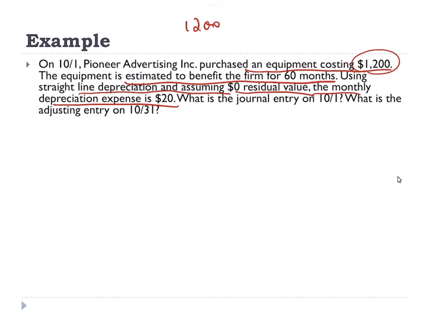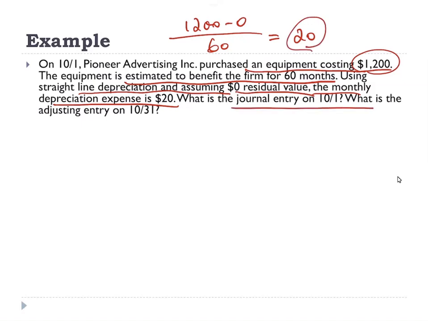So the initial cost is $1,200, and then there's no residual value. We allocate it over 60 months. So each month, the depreciation expense, the allocation, is $20. So this is how you get those $20. But at this stage, you don't need to worry about how we get this $20.